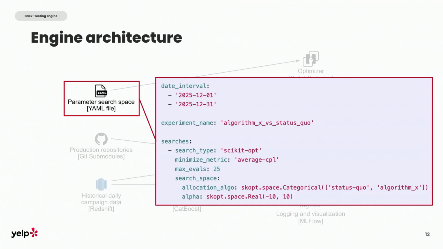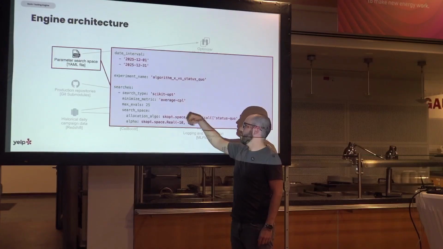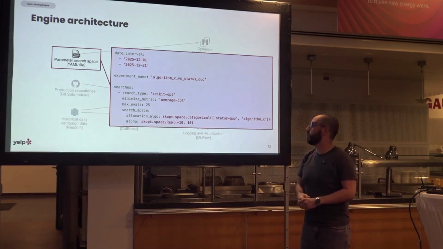In this case, it's average cost per lead, because the best experience from the point of view of the advertiser is if they spend as little as possible for a lead. So we want to minimize this average cost per lead. And then we have a maximum number of runs, or maximum number of trials, for the simulator to try.